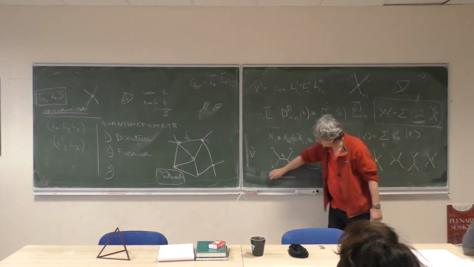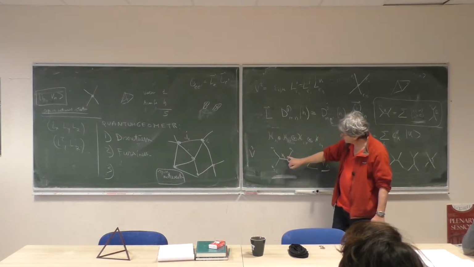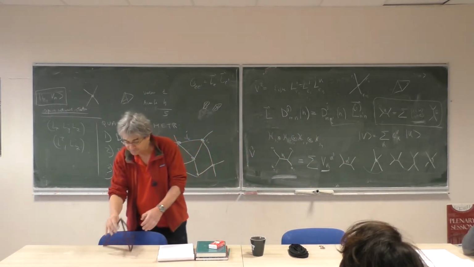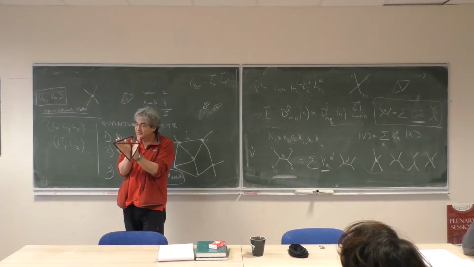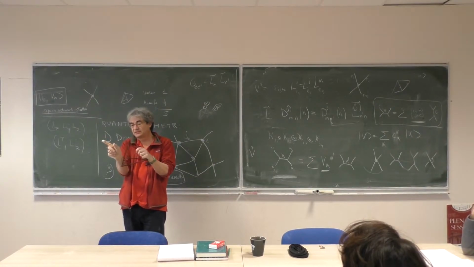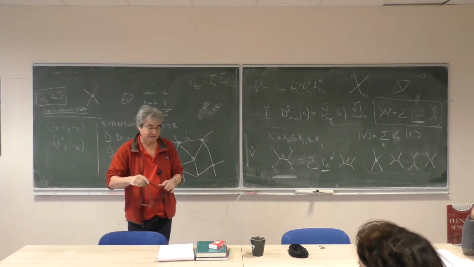This has a physical, geometrical meaning which is very transparent because, look, remember the dihedral angle here. The dihedral angle is what? It is the scalar product of this and this divided by the area.